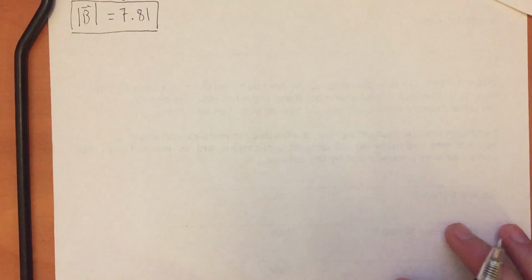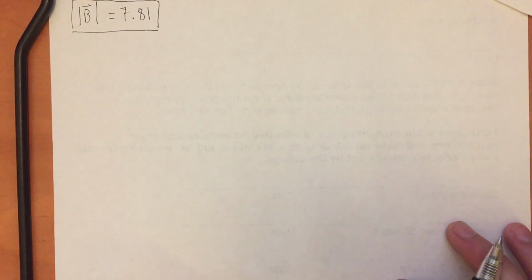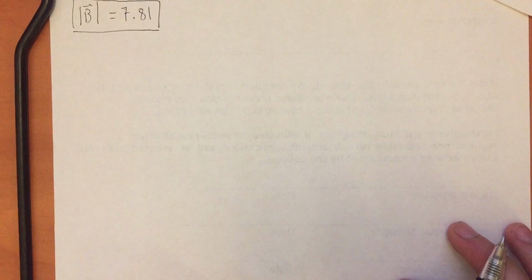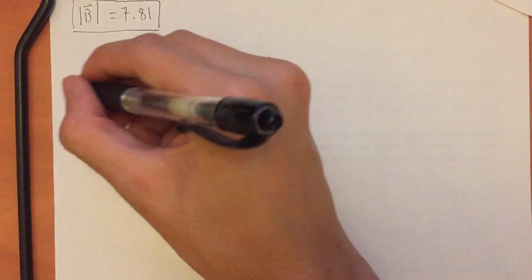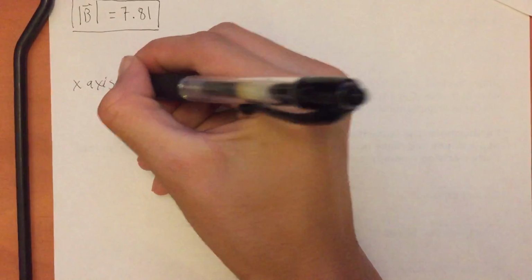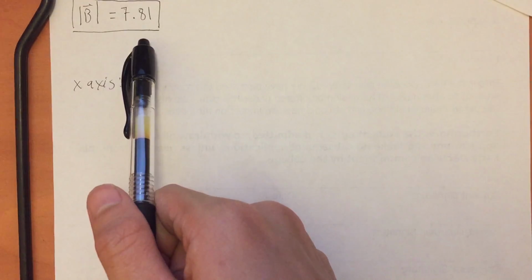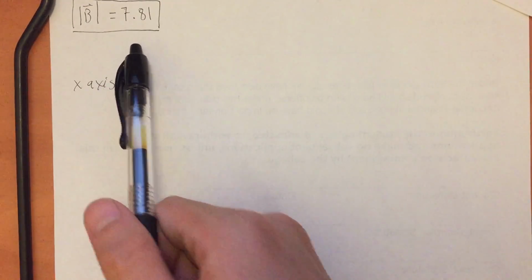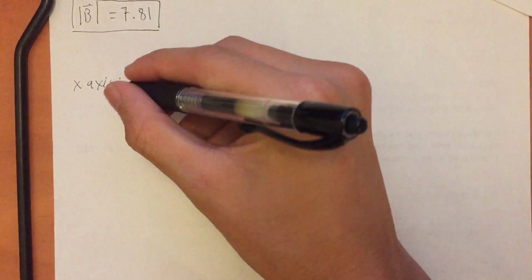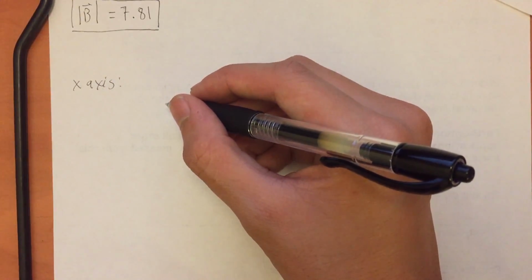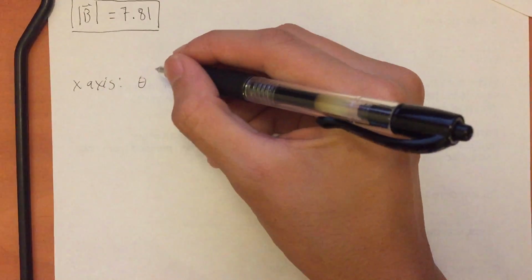Now we want to find the angles vector B makes with each of the coordinate axes. So to do it with the x-axis, we do the inverse cosine of the x over the magnitude of vector B, which is the hypotenuse. So let's call the angle between the x-axis and vector B theta.